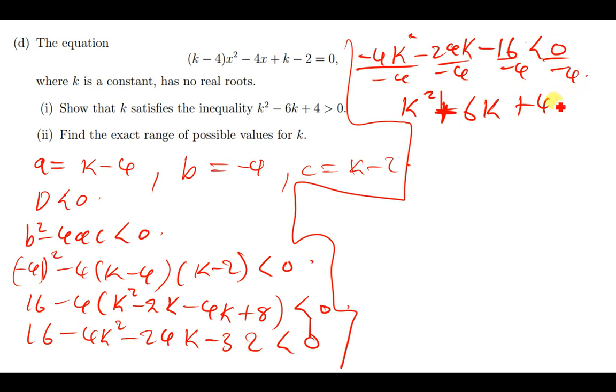Since we're dividing by a negative number, the sign will change, and this will be 0. Okay, there was a mistake here. We were supposed to say negative 4 times negative 6, which was supposed to give us positive 24. So this one is supposed to be positive 24.